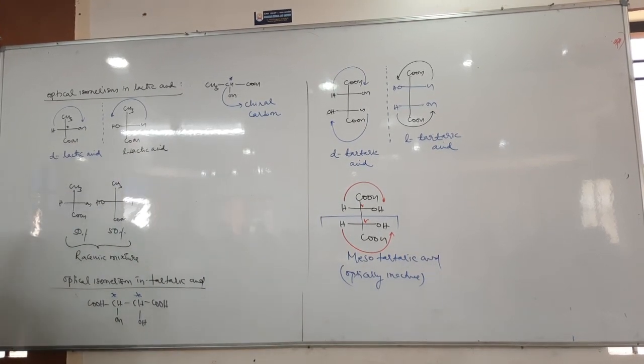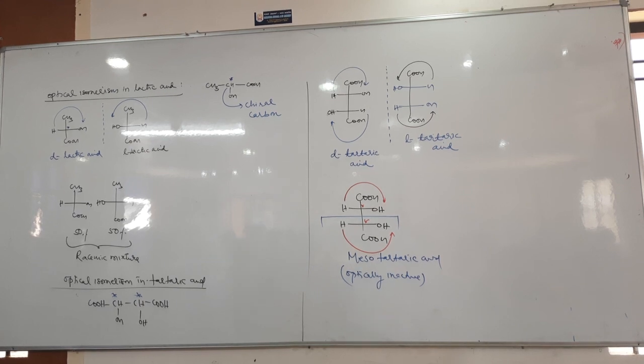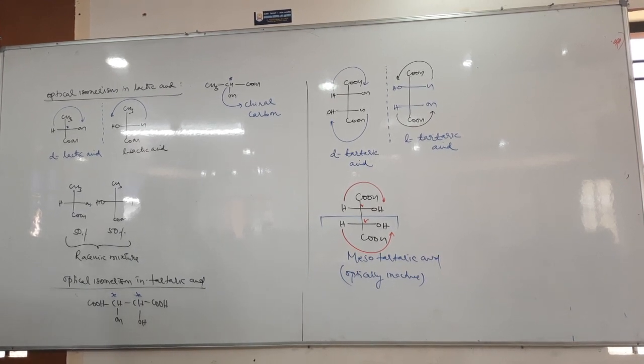Meso compounds: the organic compounds which have 2 or more chiral carbons but are optically inactive due to the presence of plane of symmetry are called meso compounds.